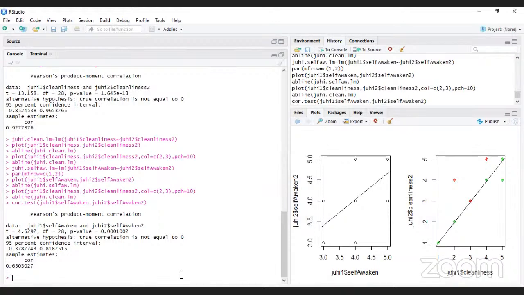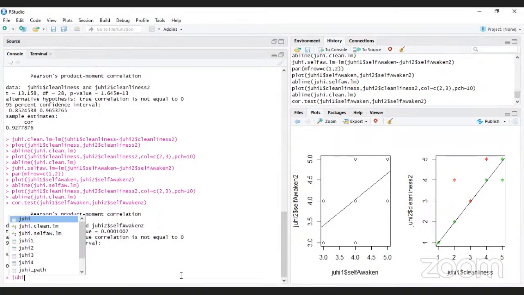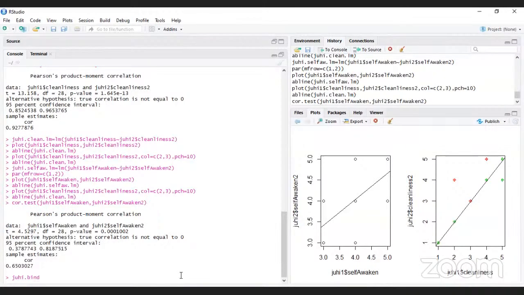Now if you want to get the total data set, then you can do juhi.bind equal to cbind.